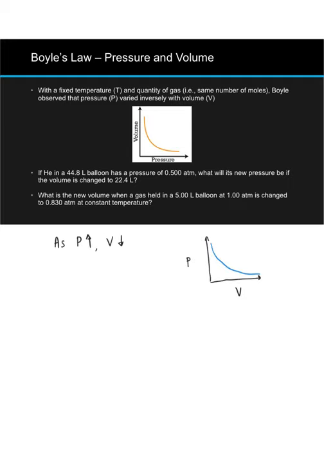So that at high pressure, up here along the y-axis, volume is small along the x-axis. At low pressure, down here along the y-axis, volume is large over here along the x-axis.